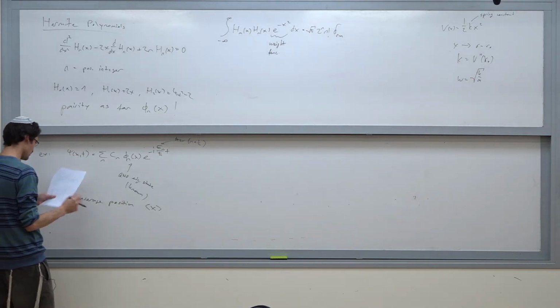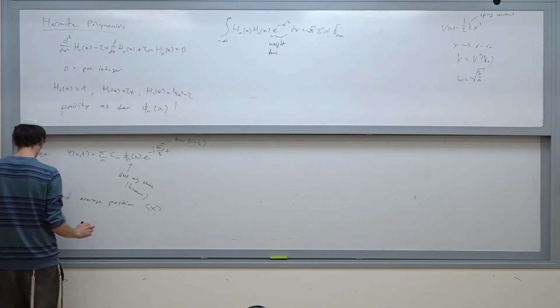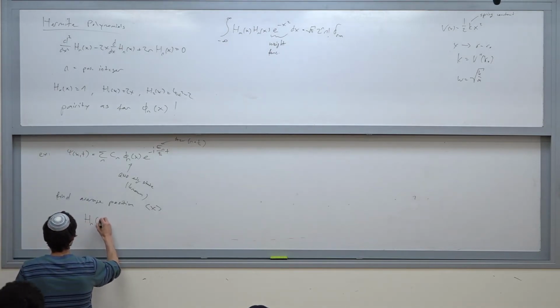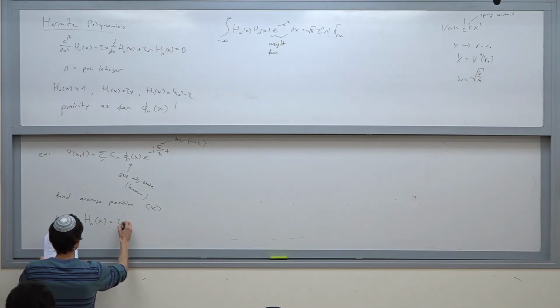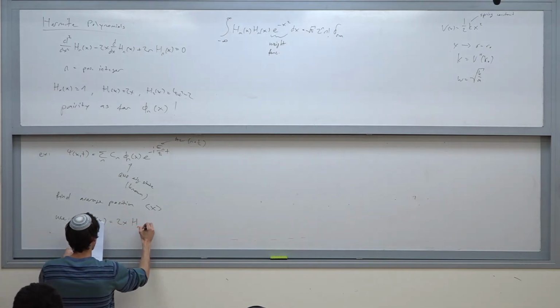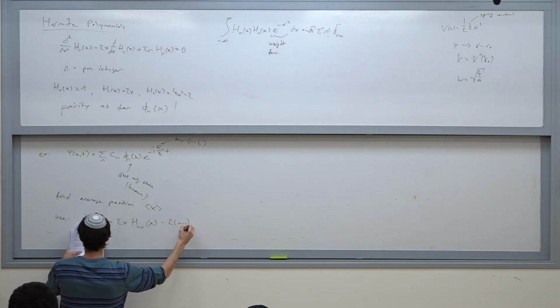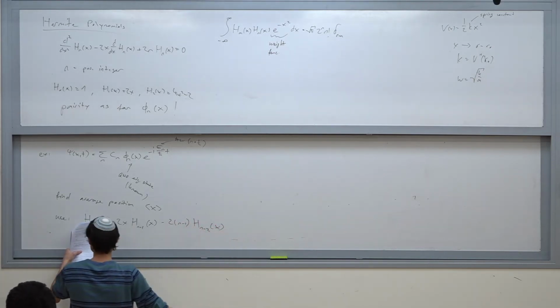And we are given a recursion relation for the Hermite polynomials, namely that the nth polynomial is a superposition or a linear combination of the n minus 1 and the n minus 2 order Hermite polynomials.